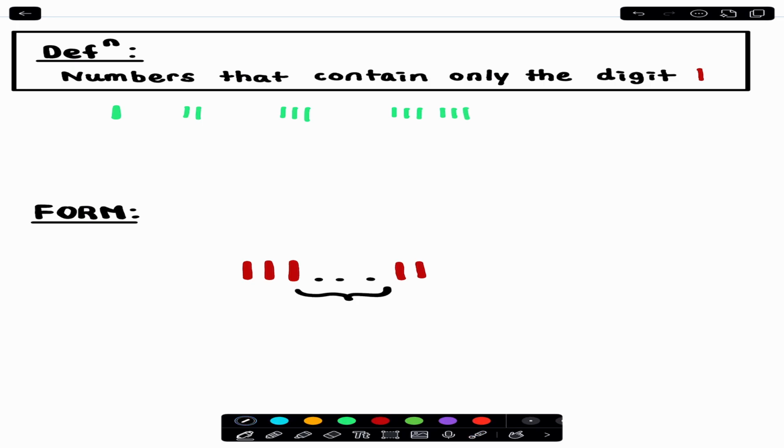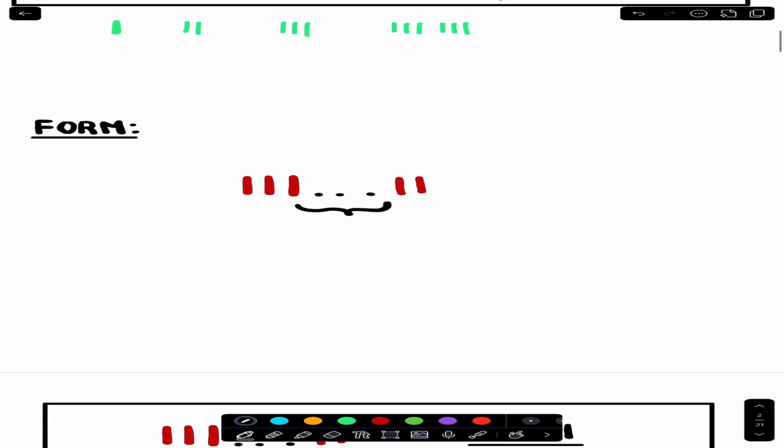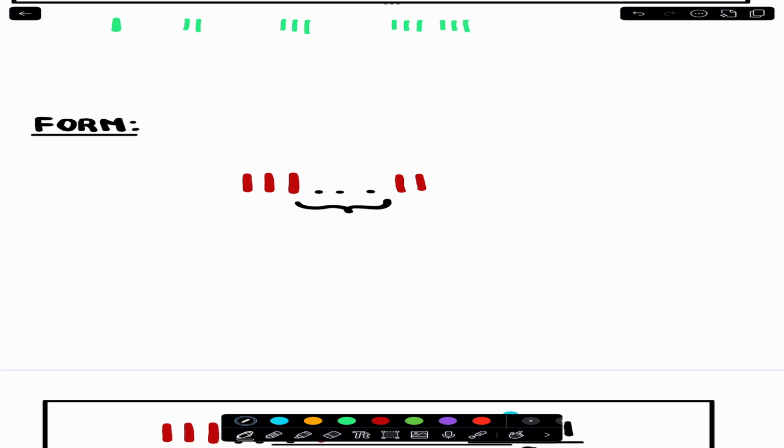And we're mainly concerned with the digit 1 repeating because when you think about it, all these other numbers that repeat, for example, if we were to have a bunch of repeating 9s, that can be broken down as 9 times a bunch of 1s.